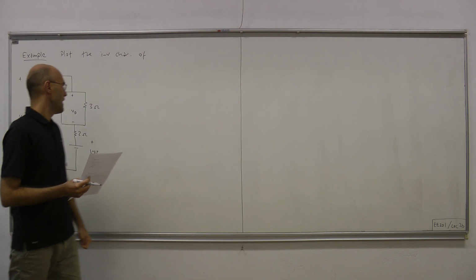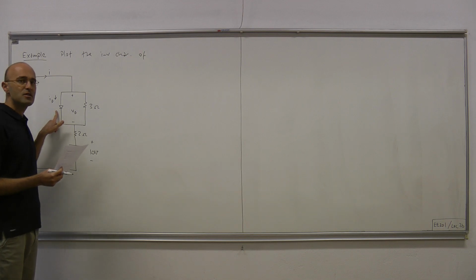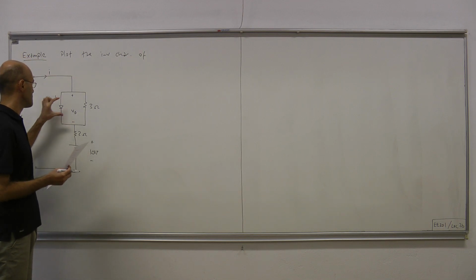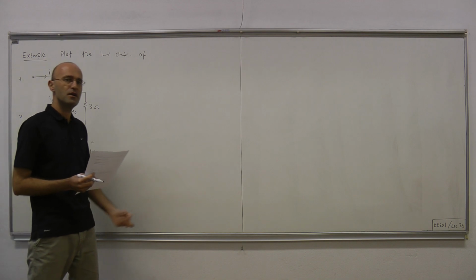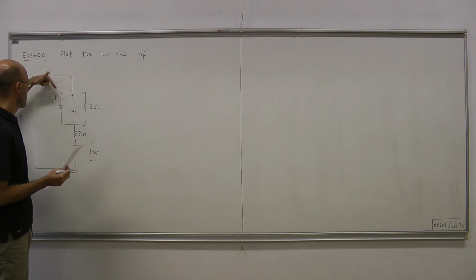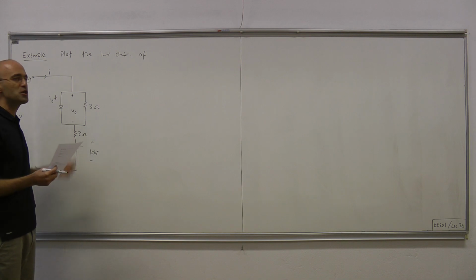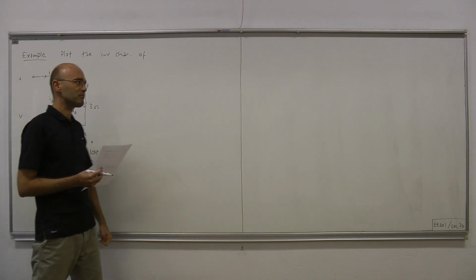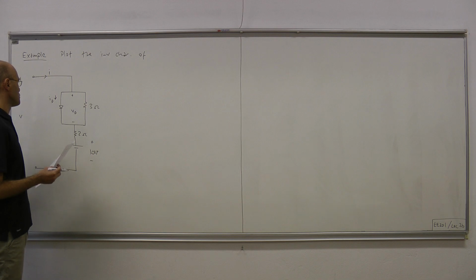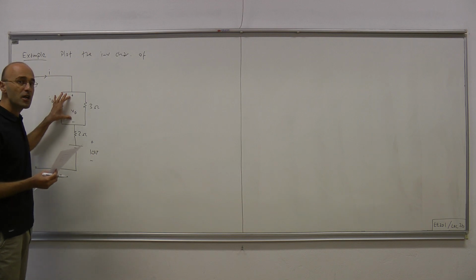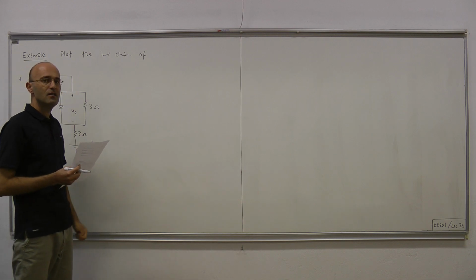The condition that it behaves like a short circuit, that is the voltage drop across its terminals is 0, is that the current passing through it is positive. And the condition that it behaves like an open circuit is that the voltage across its terminals is negative.